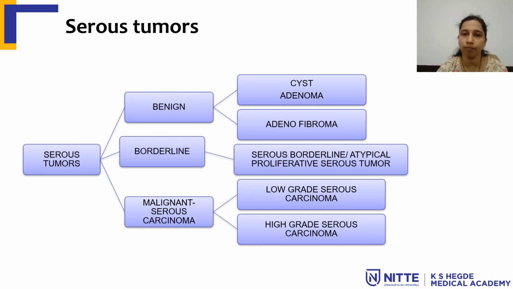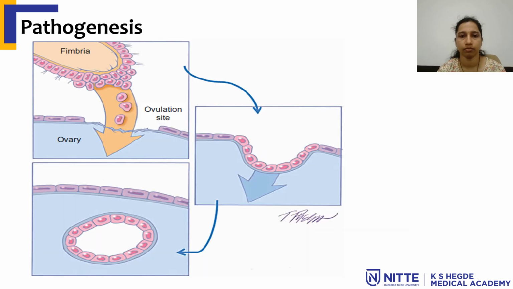If it is predominantly fibrous, it is cystadenofibroma. Borderline tumors are called serous borderline tumor or atypical proliferative serous tumor. So malignant serous tumors are called serous carcinoma. So based on the pathogenesis and their atypia, they have been subclassified as low-grade serous carcinoma and high-grade serous carcinoma.